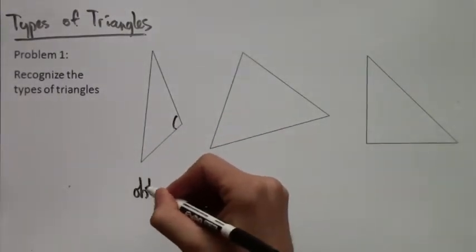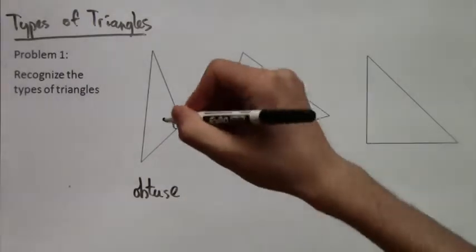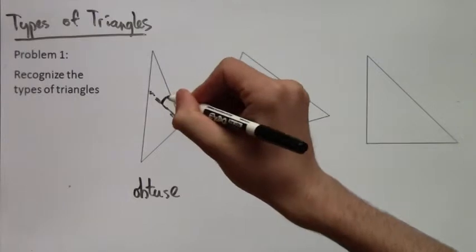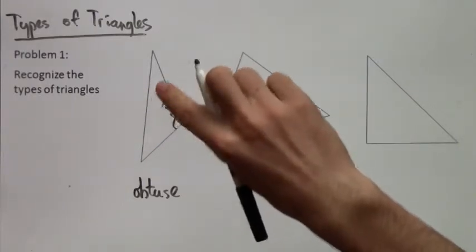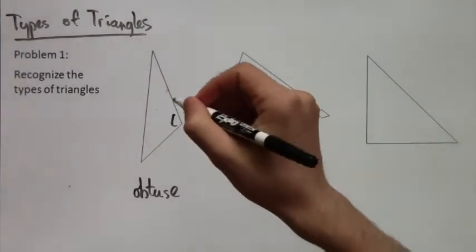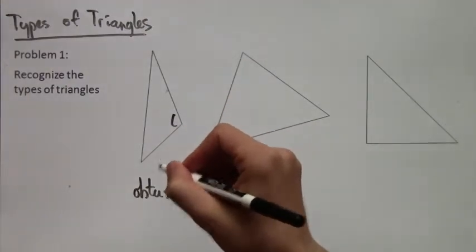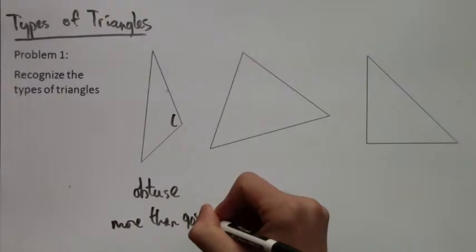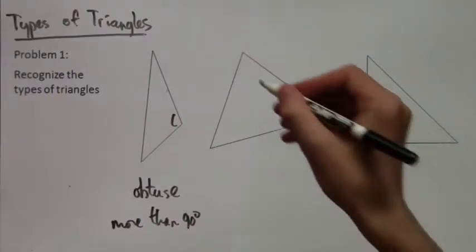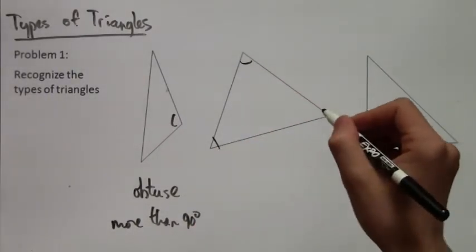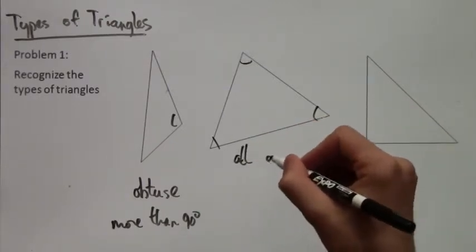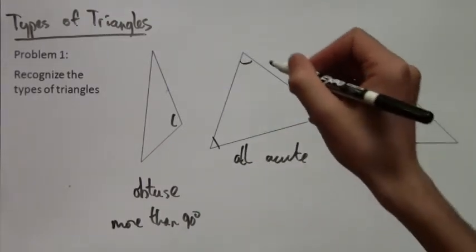But anyway, now let's talk about what types of triangles these are. This first one is obtuse because the angle I highlighted is more than 90 degrees. This is what 90 degrees would look like, and that's obviously a little bit more. So we have an obtuse triangle here. Next, I'm looking at all three angles here, and all three are small angles, smaller than 90, so acute.